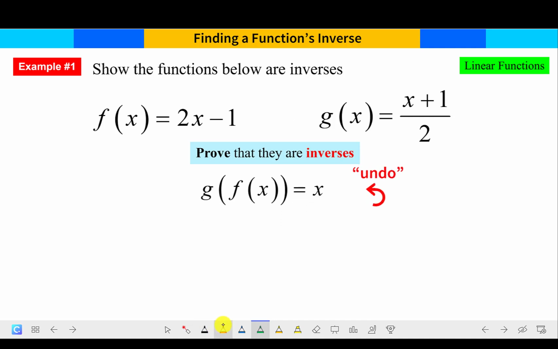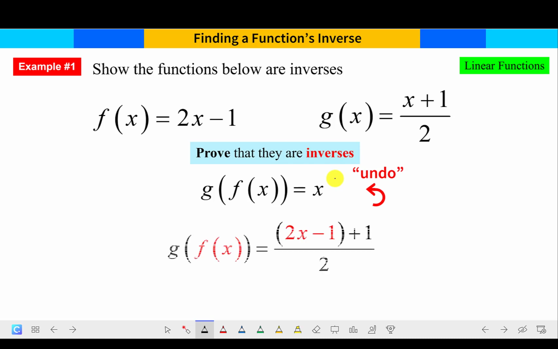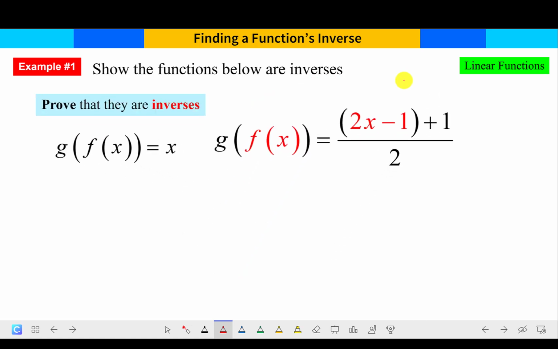We are literally going to take this whole function and plug it into g, and that should undo whatever f does. So once I plug the function in, it should simplify down to an x. Let's go ahead and do that. Notice what I did: I'm plugging this in, and where do I plug it into? The input. As I do that, I'm just going to do some algebra.